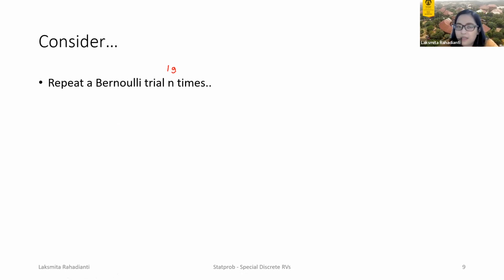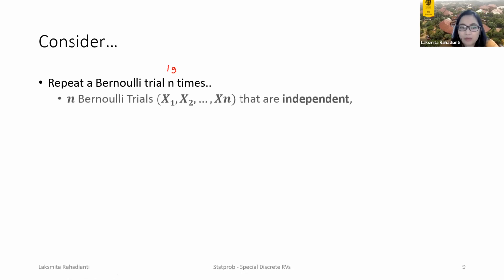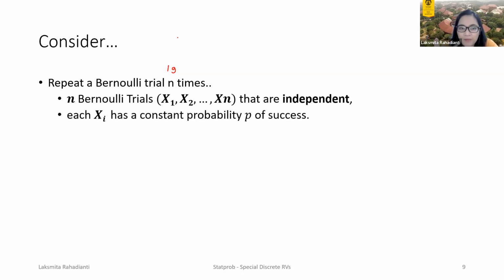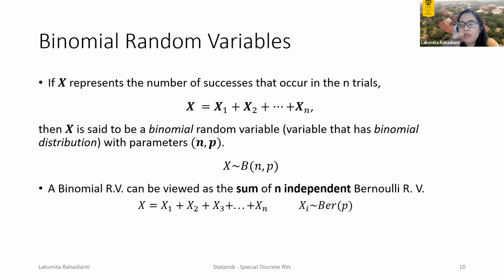So if I repeat that experiment 19 times, and I assume that each trial is independent from each other. So Dylan is not going to suddenly like K-pop if Nafis says he does, and vice versa. So if I assume that they're independent, and I already know that every single time I ask you, it's a Bernoulli trial, and it has a constant probability P of success, then I can also compute how many times do I get a yes in this class?